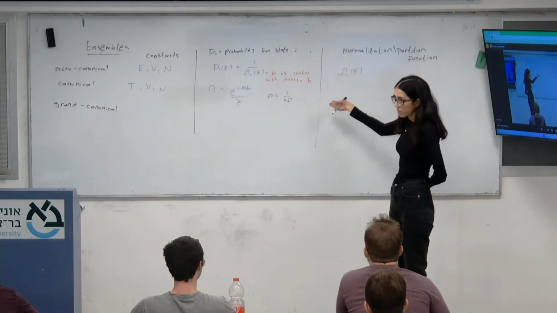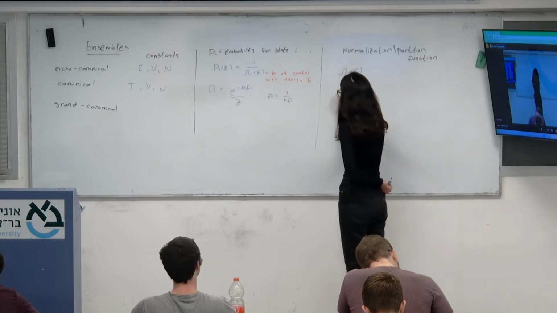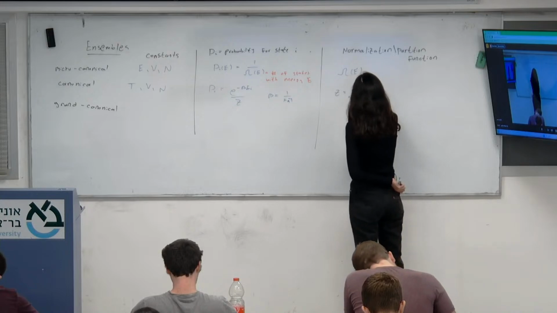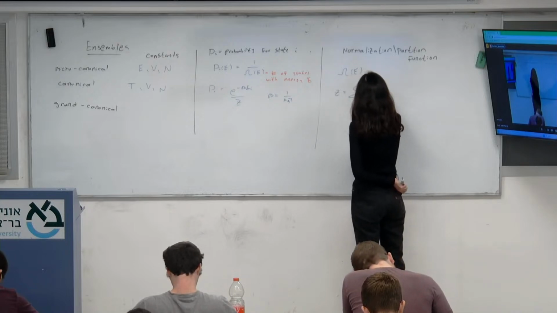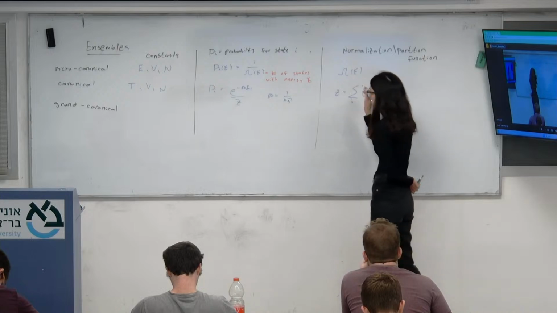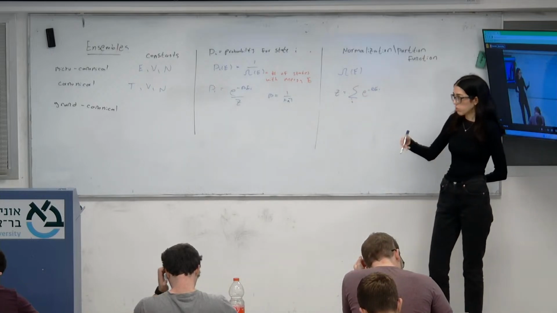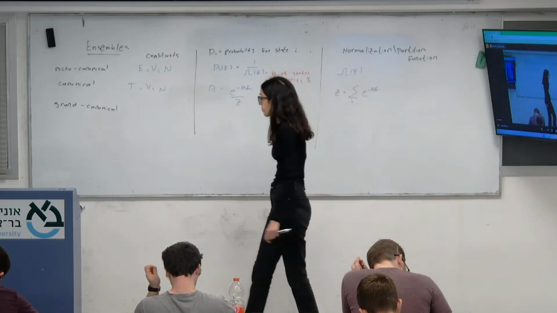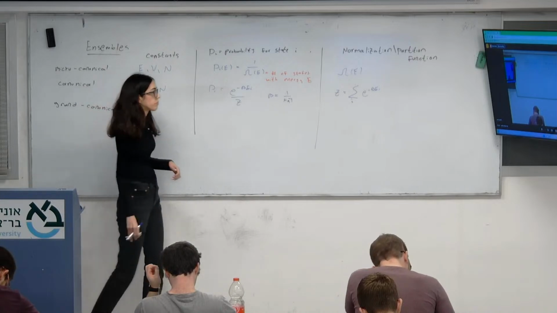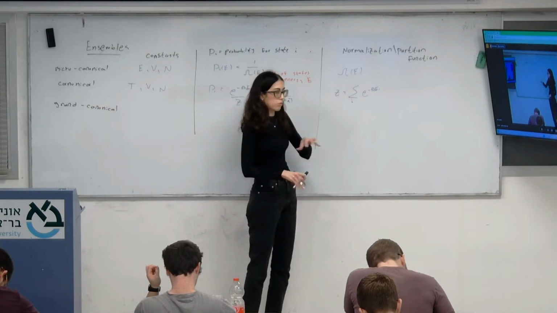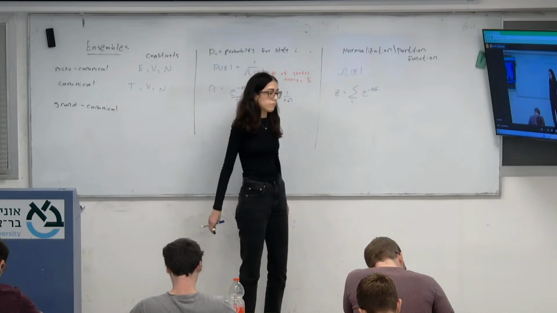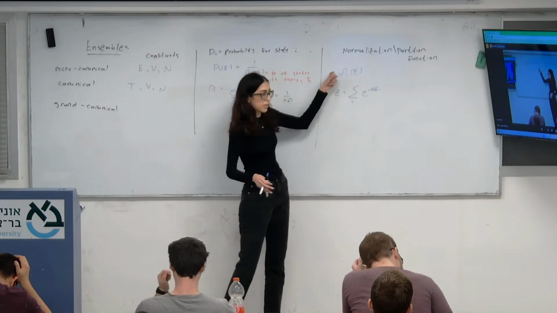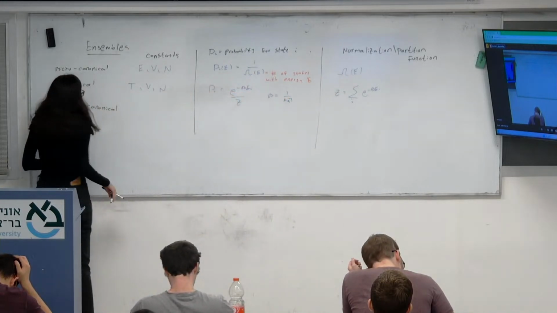So normalization, also known as a partition function, is Z, which is equal to the summation over all e to the minus beta EI. We sum over all the possible energies. So now the energy is a variable, so we sum over all the possible states. So this is normalization because this defines the volume of the space that we have. So this is why here we have the total number of states.